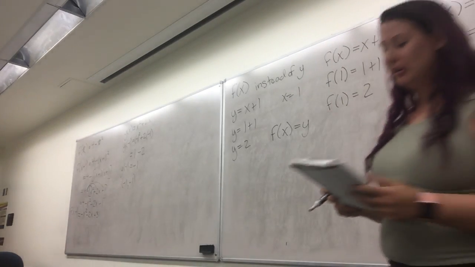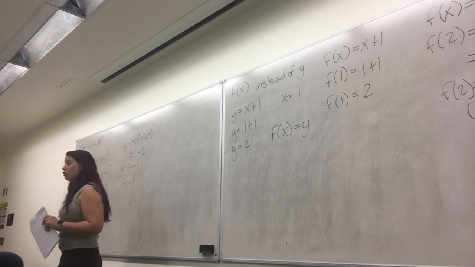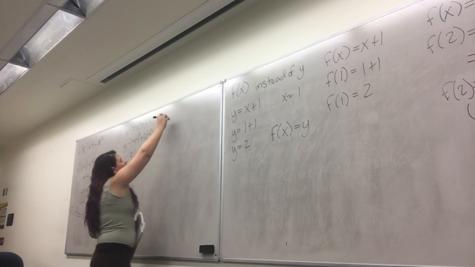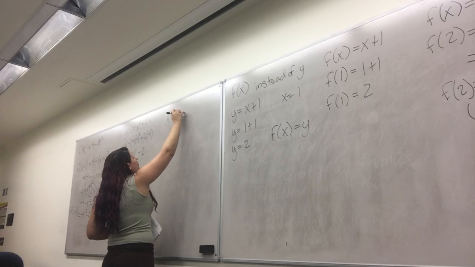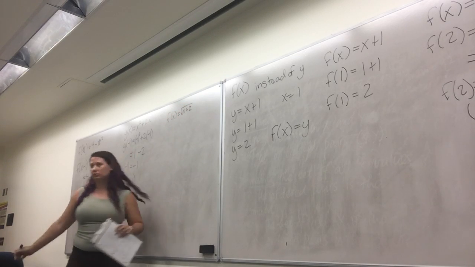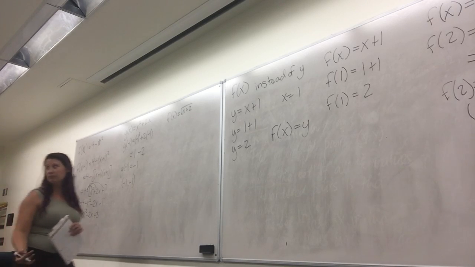Okay, let's remember. A polynomial has no roots and only non-negative integer degrees. So, f of x equals the square root of x plus 2. Is that a polynomial? No, that is a root function.